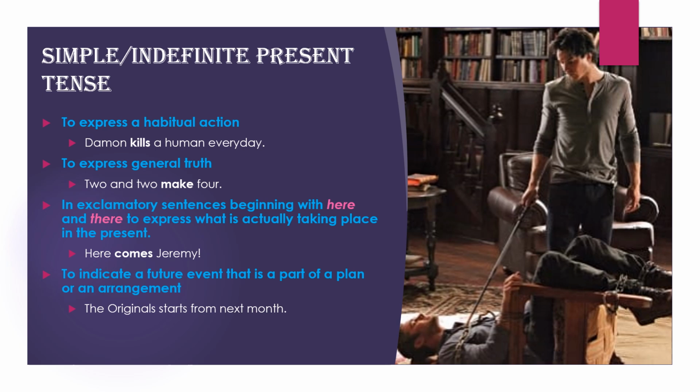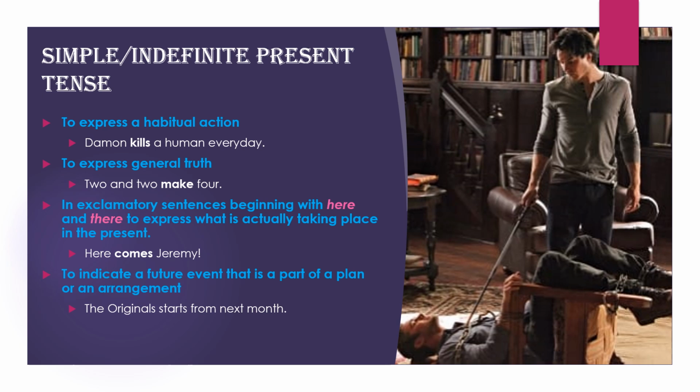If you have any such sentence beginning with the word either here or there, to express what is actually taking place in the present, we can use simple present tense or indefinite present tense. Like, here comes Jeremy. So there is somebody called Jeremy. He has just entered, and you will put it as here comes Jeremy. That's an exclamatory sentence beginning with the word here. For such sentences, we will be using the simple or indefinite present tense, here comes.